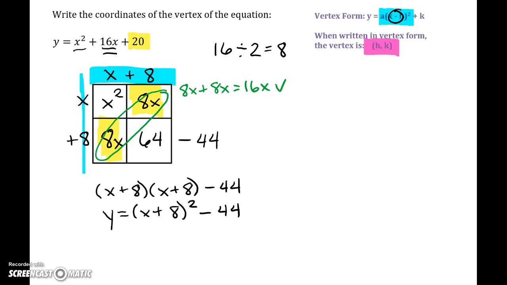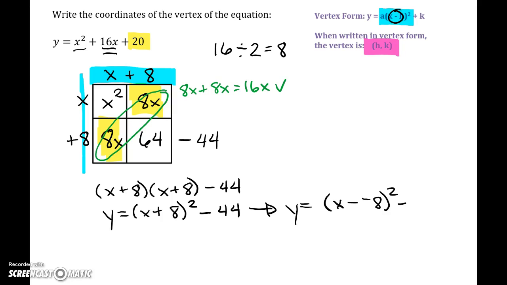So we have to think about this as if we were subtracting a value from x. So if we were to subtract a value from x, the value we would subtract to make it into plus 8 would be a minus 8. And so now we can see what the h or x coordinate of the vertex is.